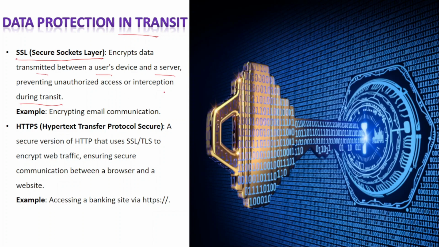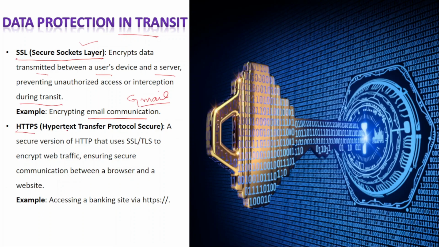So whenever you access any website from your laptop, PC or mobile, such as google.com, this SSL encryption takes place. Another example is encrypting email communication. So whenever you access, let's suppose, your Gmail, your mail communication is encrypted using SSL or Secure Sockets Layer.